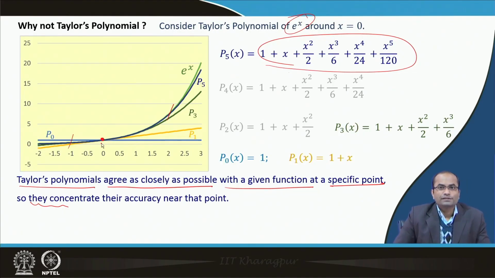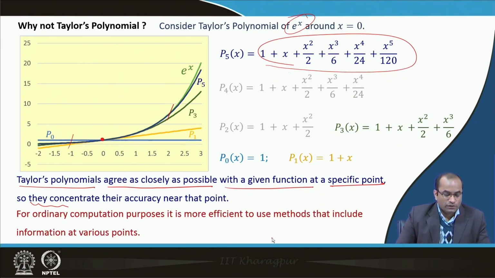Whereas, in the interpolation we will again be constructing polynomials, but there we need the function value at different points, not the values of higher order derivatives at one point, rather we need the function value at different points. So, we will naturally come up with some other polynomial, not the Taylor's polynomial, which also does the purpose of approximating a complicated function by a polynomial.